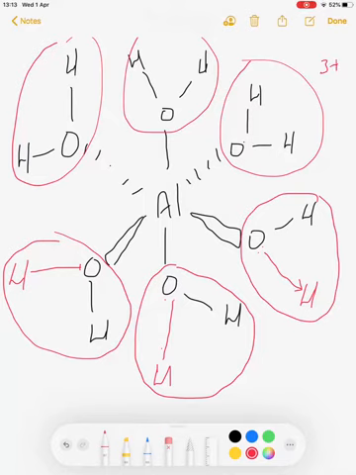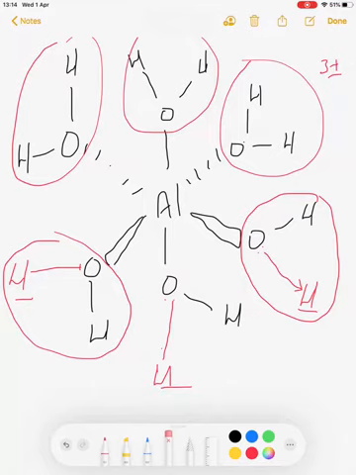So that's it reacting with the acid. That's one half of it. So in terms of the aluminium hydroxide, it can react with 1, 2, 3 hydrogen ions to form the 6 waters again, giving you the aqueous ion up here.